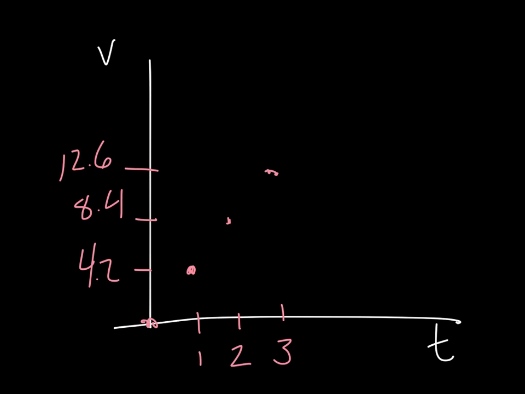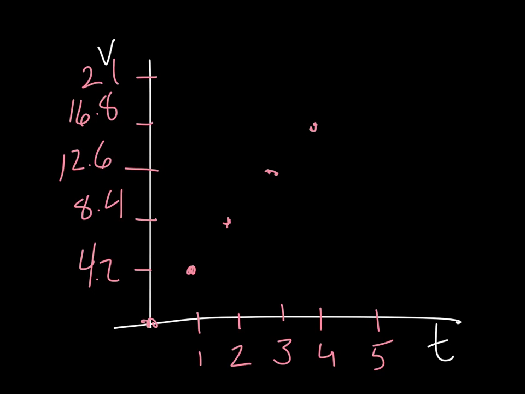Each second I go up by 4.2. So at 4 seconds, I'm at 16.8. And so at 5 seconds, I'm at 21. 16.8 plus 4.2 is 21.